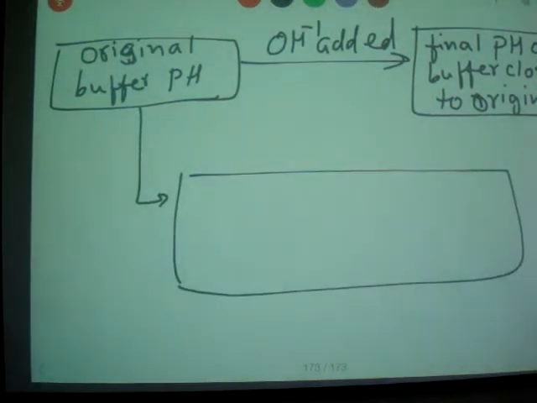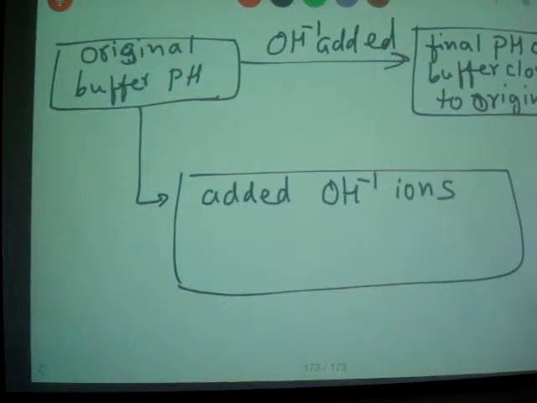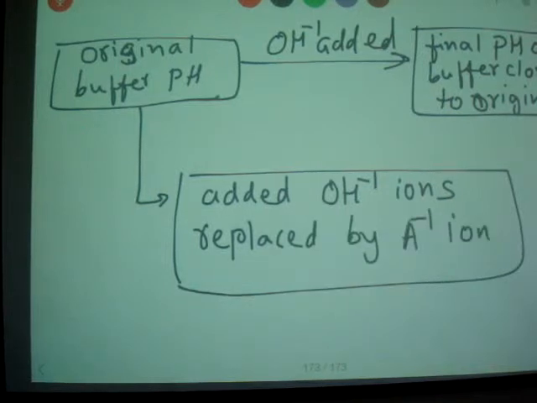So what happened? The added OH minus ions are replaced by A minus ions, and that's how it works.